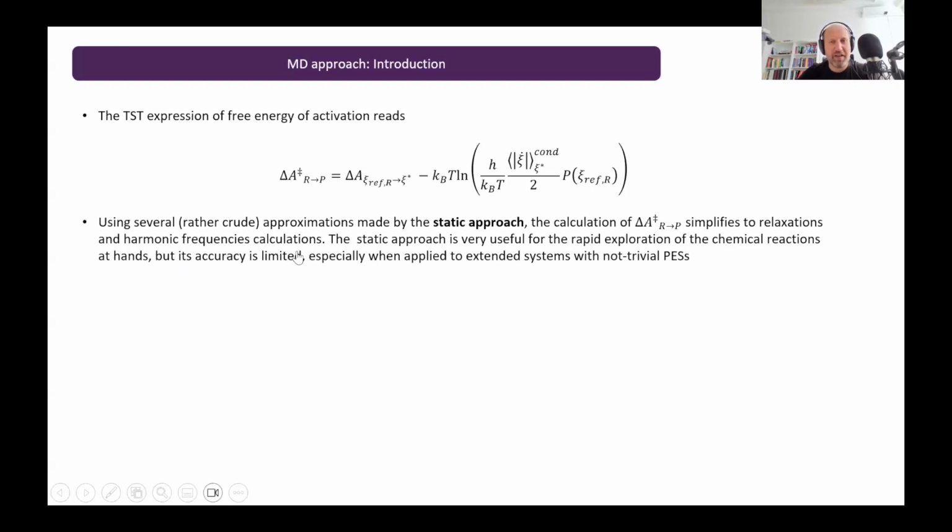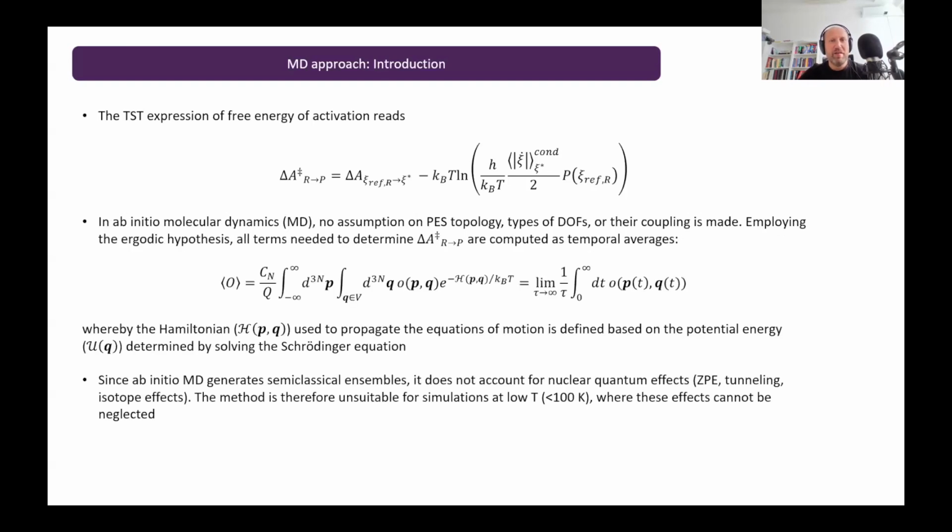So this so-called static approach is very effective and useful for rapid exploration of chemical reactions, but its accuracy is also quite limited, especially when applied to extended systems with non-trivial potential energy surfaces. So today we are going to discuss ab initio molecular dynamics approach, and we will abandon all these crude approximations made in the static approach.